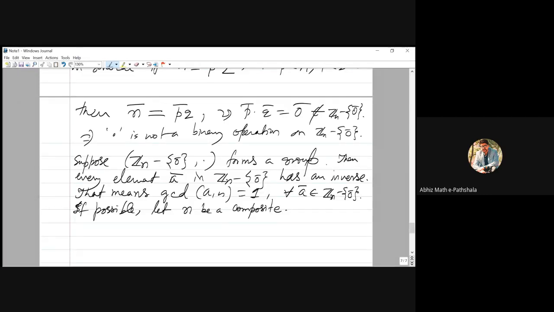Then we can write n equal to pq, 1 less than p less than n, 1 less than q less than n.